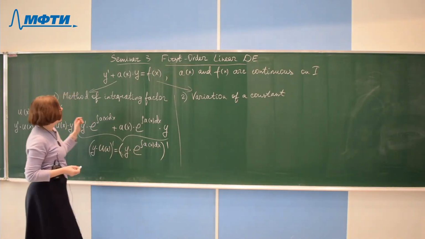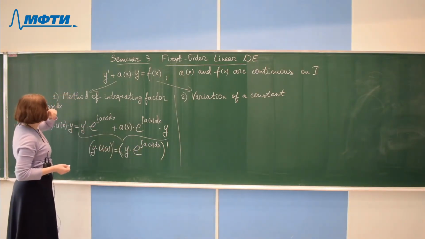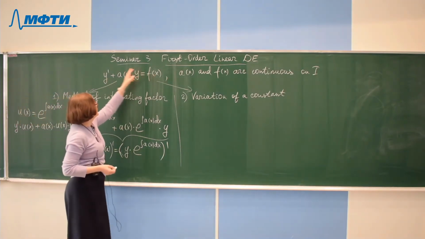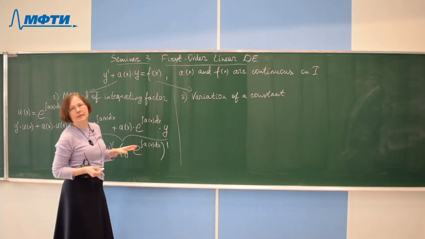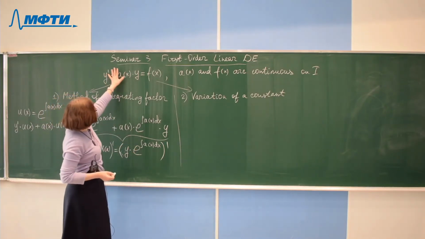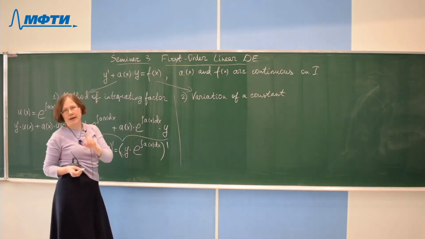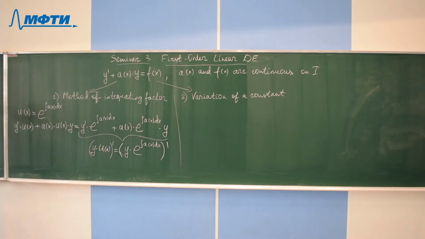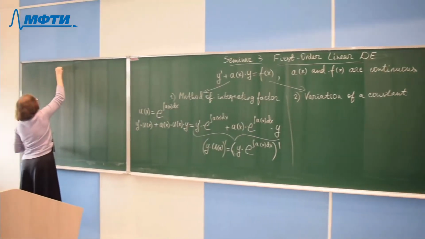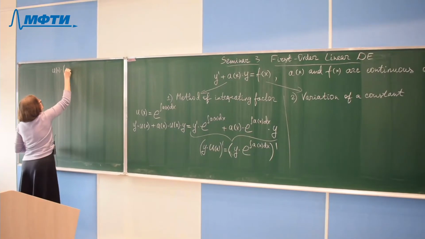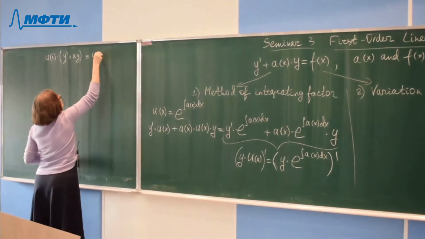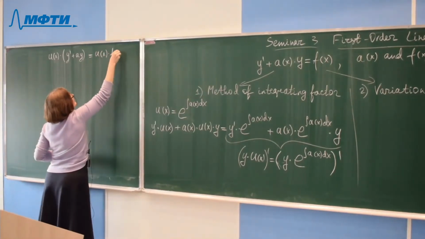This leads to the method of solving this equation, right? If we multiply both parts by our integrating factor u of x, we will get the following: u of x multiplied by y prime plus a y equals u of x multiplied by f of x.